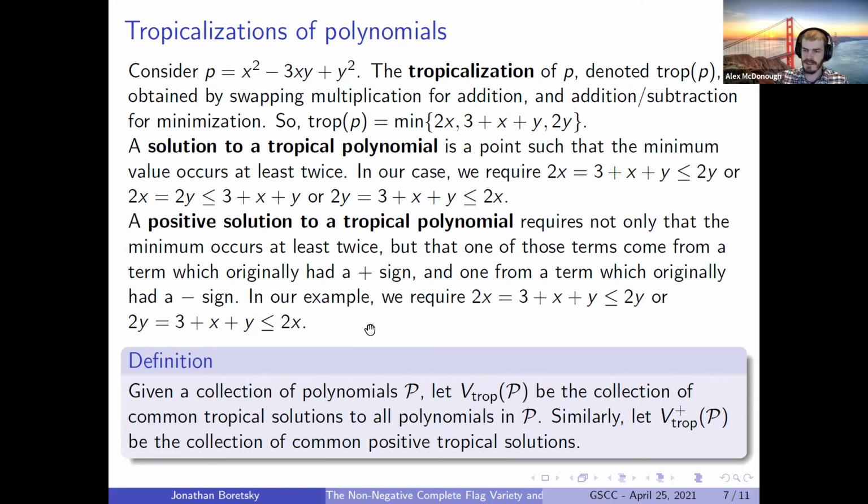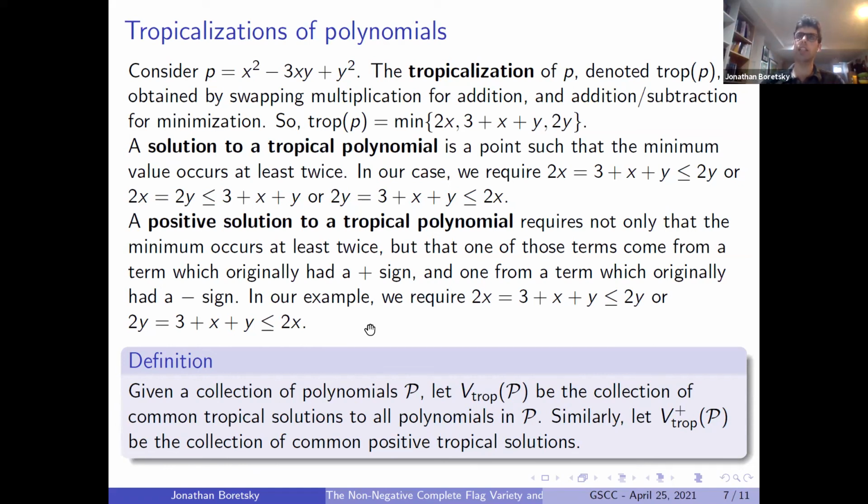So is this stuff that you're studying connected to positroids? Yeah, so there are definitely connections. When you tropicalize, you could have some infinities. I didn't really mention that, but you're allowed to have infinity. The tropical variety lives in the space R union infinity, or some number of copies of that.